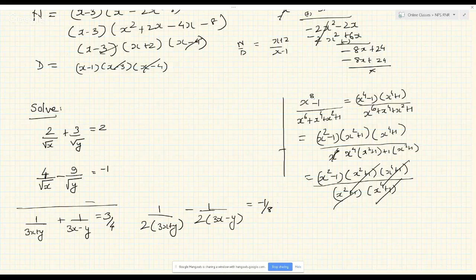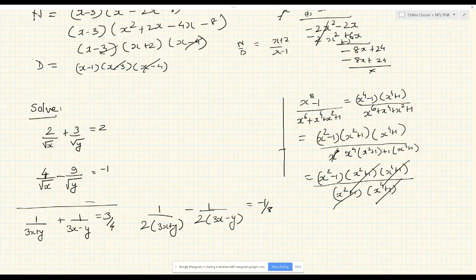x equals 1. Is it? And what's y? X is 1 definitely, and y is also 1.